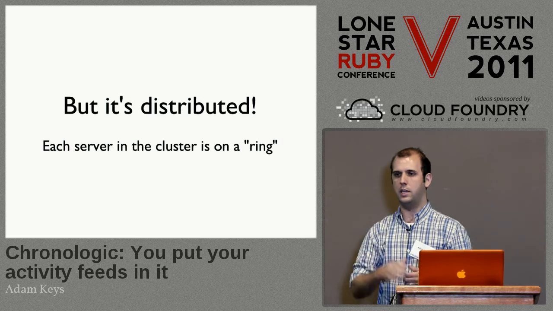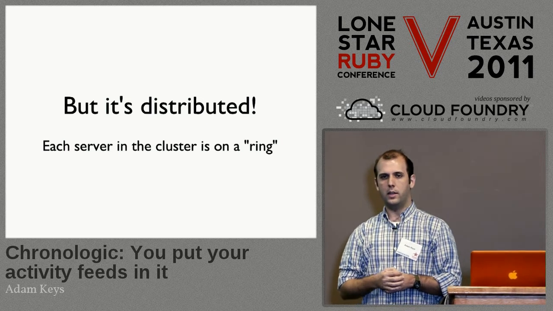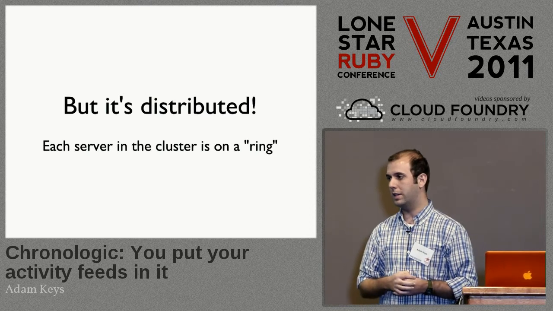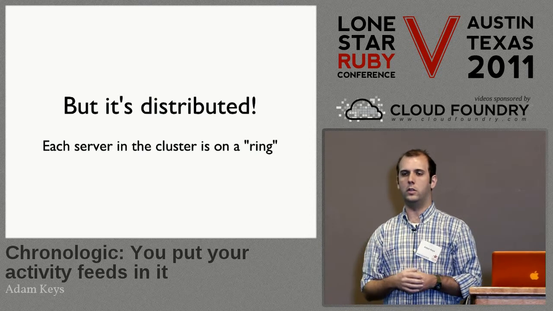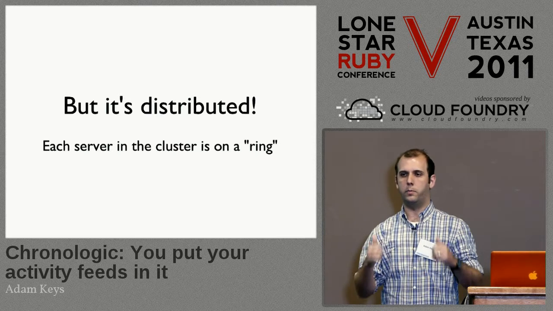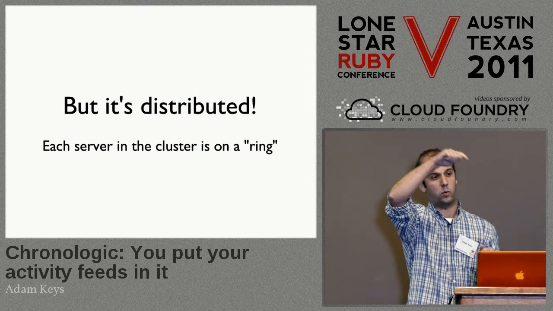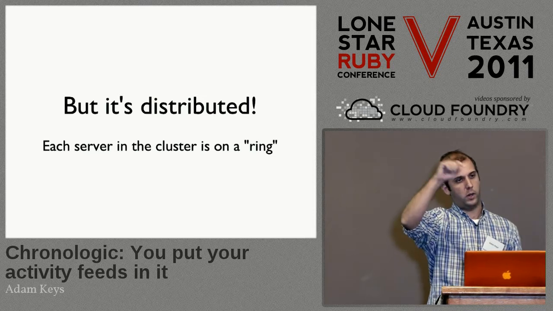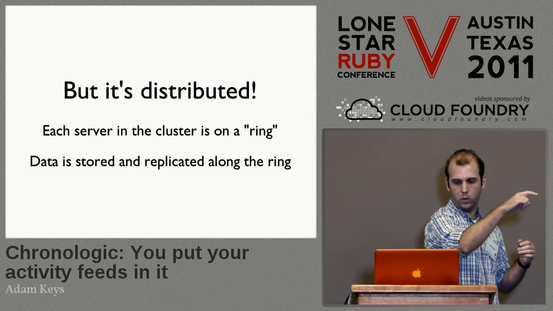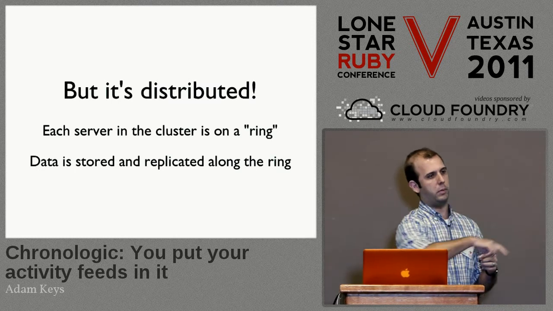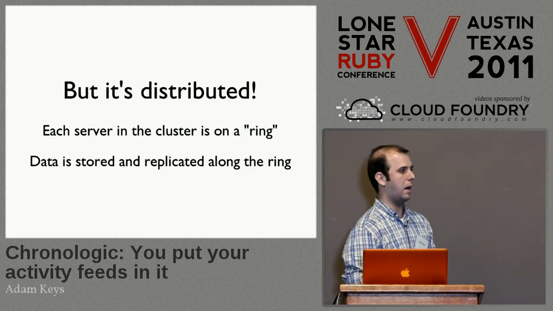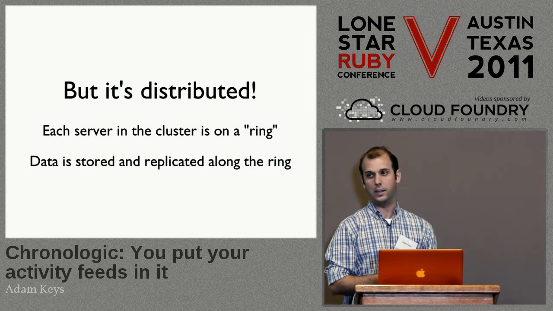So you have some key that you access data by, and you connect to a node and say, "Hey, give me the data at this key," and that node knows how to find the data on the ring and bring it back to you, or it knows how to write the data on that ring and where to replicate the data to. Data is stored along this ring, and it's also replicated along this ring. So like I said, you can lose a node in the middle of the night, and your ops guy doesn't have to wake up, which they like a lot.